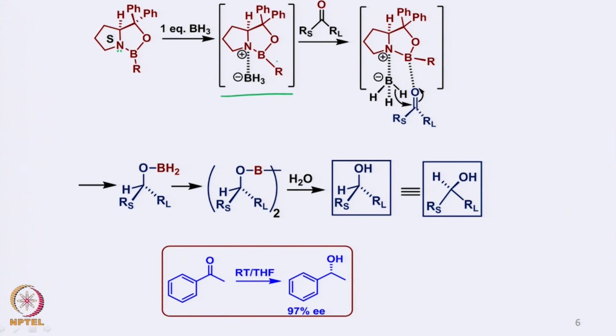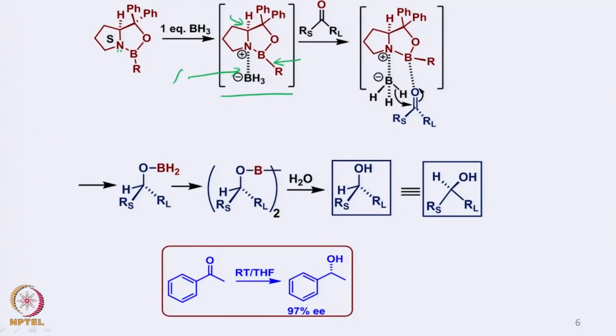Now what we have here is this R group. This R group is a very crucial group, and what happens is that since the hydrogen at the junction is alpha oriented, the major bulk of the bowl is like this.